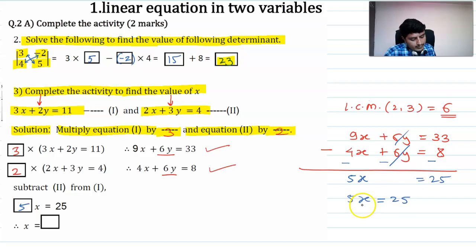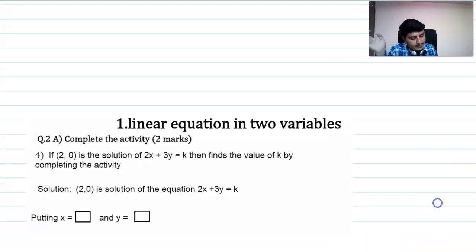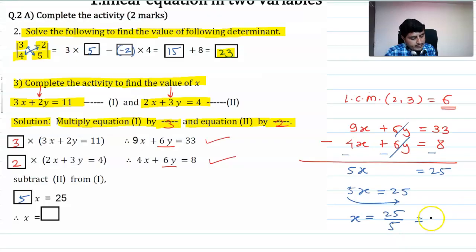Now to evaluate the value of variable x, we don't require 5. So shift 5 from left hand side to right hand side. 5 is the multiplier, after shifting it will become a divisor. So the value of x is 25 divided by 5. 25 divided by 5, we are getting 5. So the value of variable x is 5.